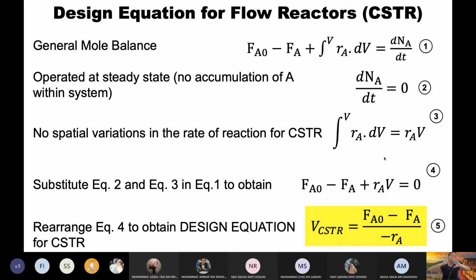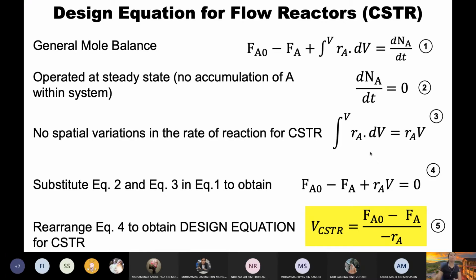So if all the volume in the reactor has constant concentration and constant temperature, hence the integral of rA dV becomes rA V. Meaning there is no more variation in the rate of reaction throughout the reactor volume.